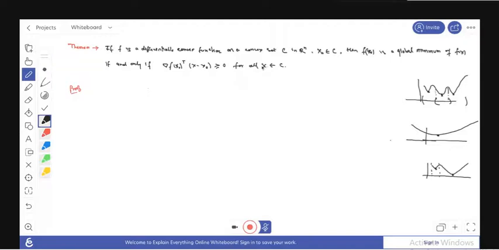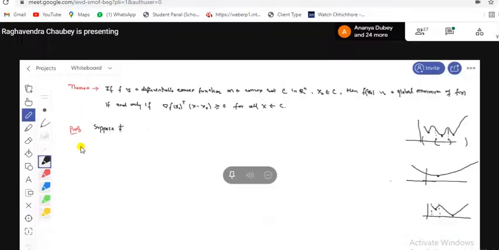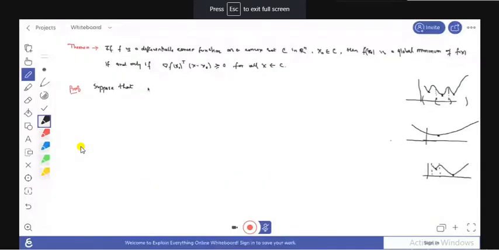The concept of global minimum is that f of x naught is less than or equal to f of z for any z that belongs to the set C. So we suppose that this condition holds, and that condition is the gradient of f at x naught transpose times (x minus x naught).